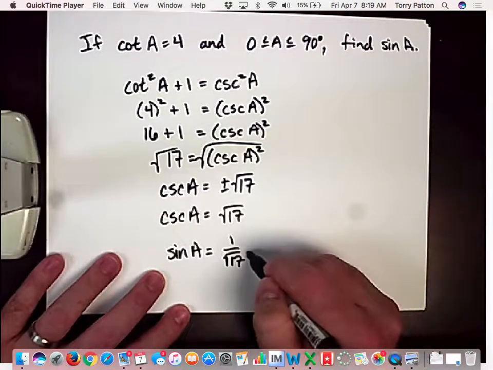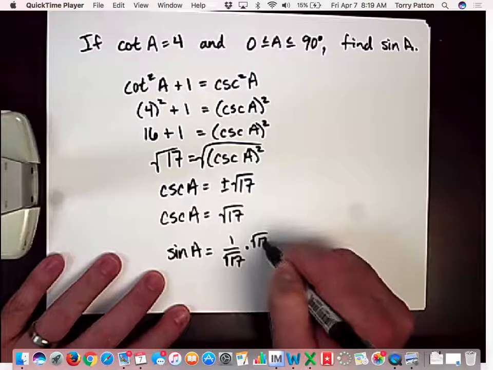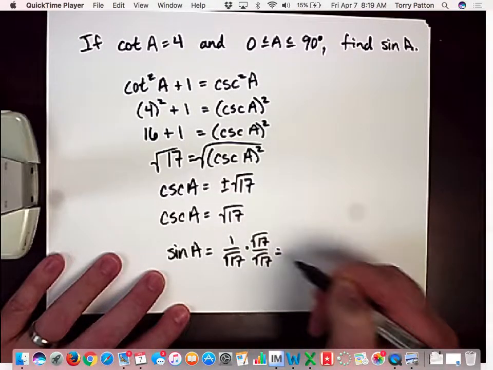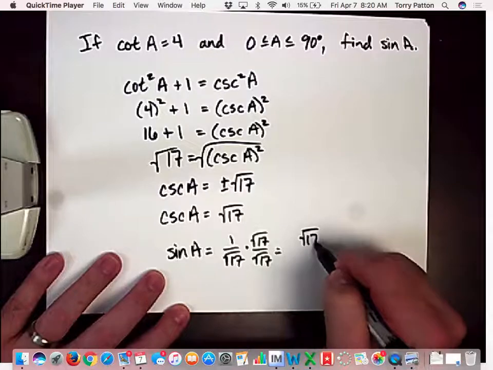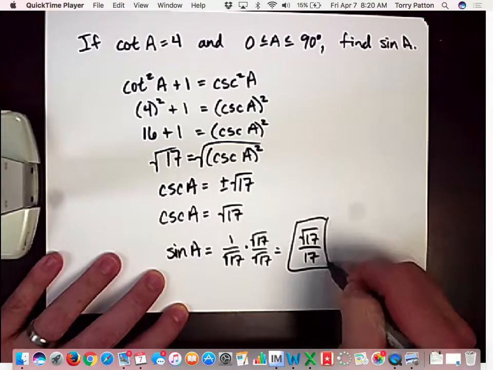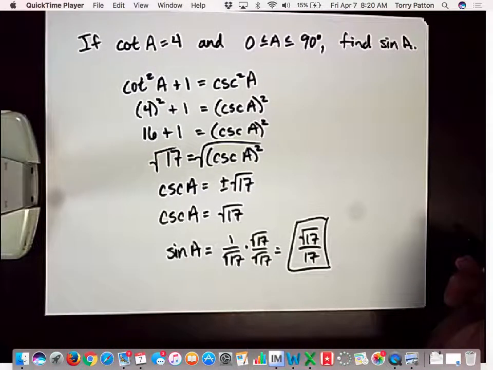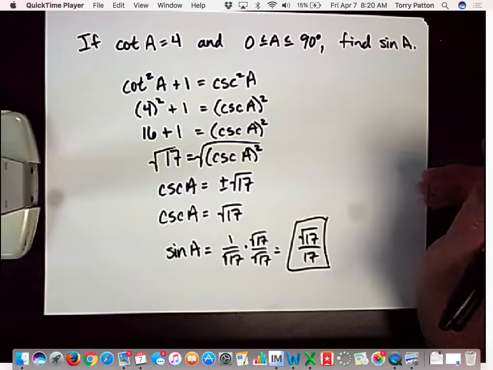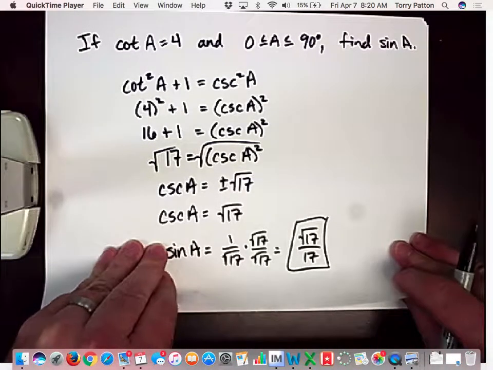And then all you've got to do is rationalize the denominator, and you get square root of 17 over 17. Make sense? All right. Let's do another one.